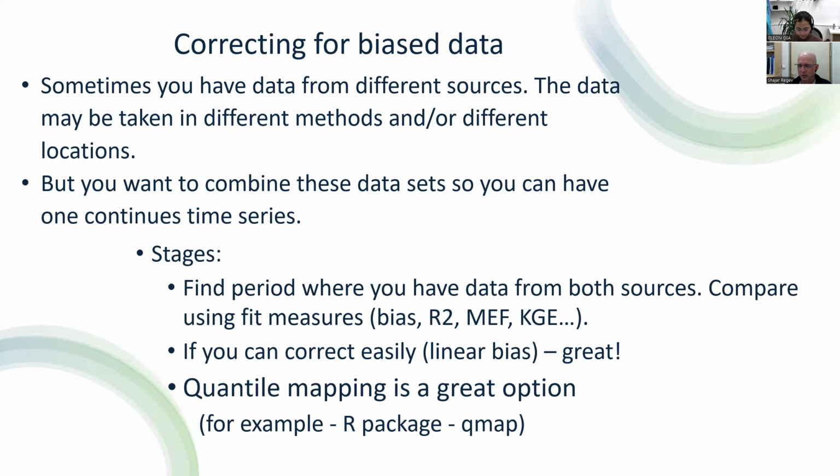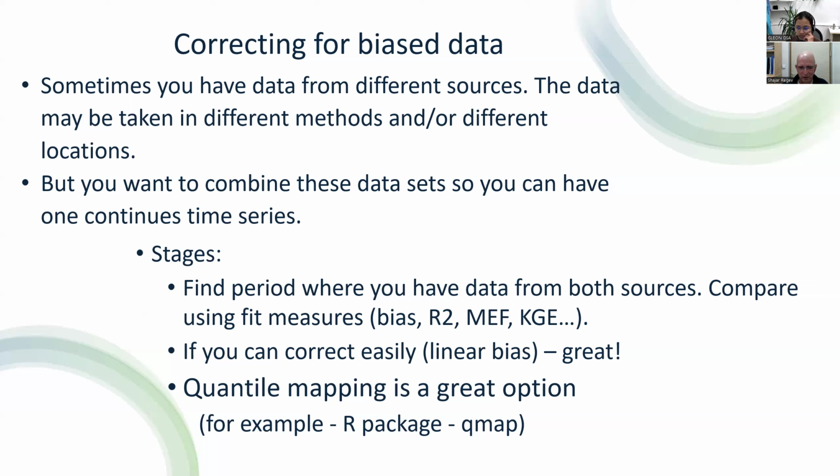Sometimes we have data from different sources, and this data can be taken with different methods or in different locations, and you want to use all the data you have, because you need it for the model or for the analysis, and you need the full time series. So you want to combine these data sets into one time series, but they are different.